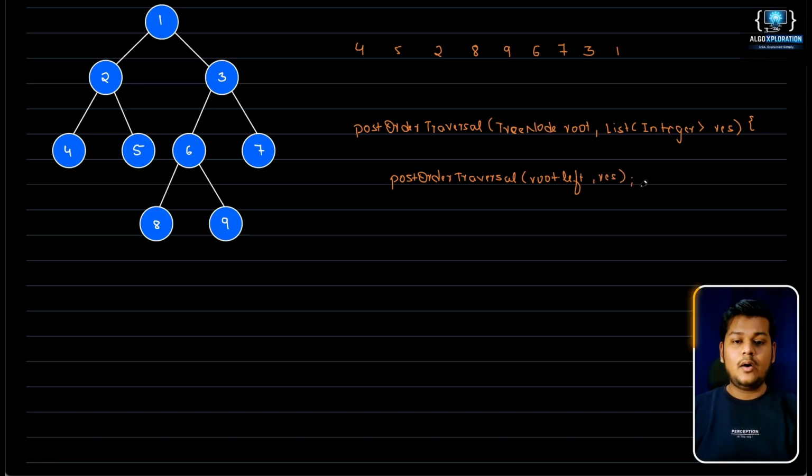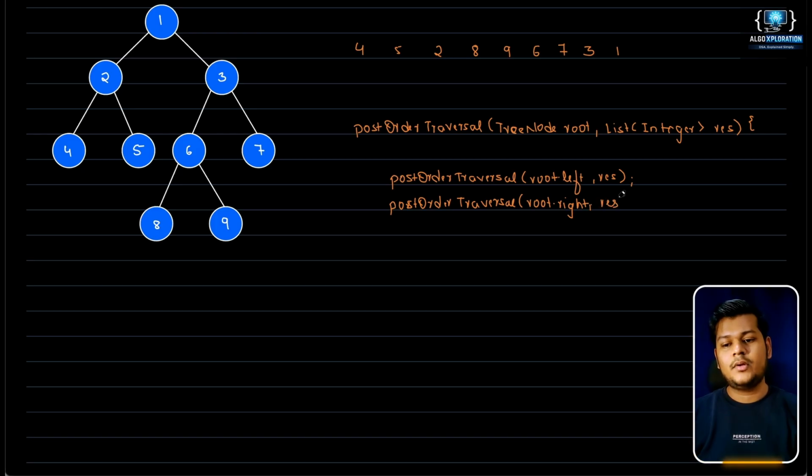Once this is processed and I come back, I will not process the root. I will go for the right one. So again, I'll call the same function, postOrderTraversal, and over here I will pass the address of the right child, so root.right, comma, res.